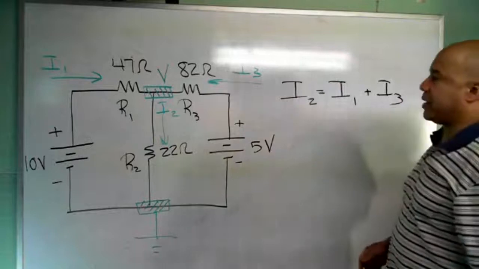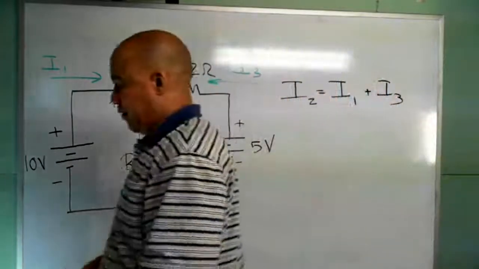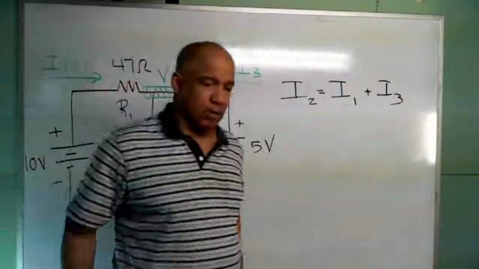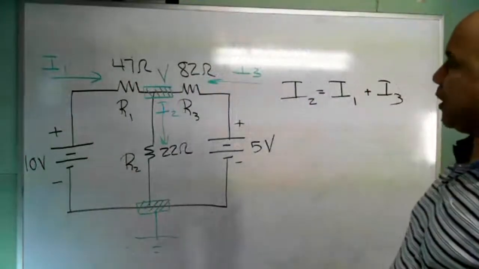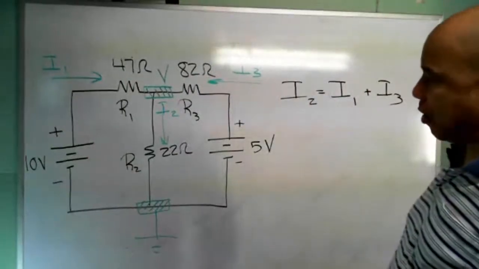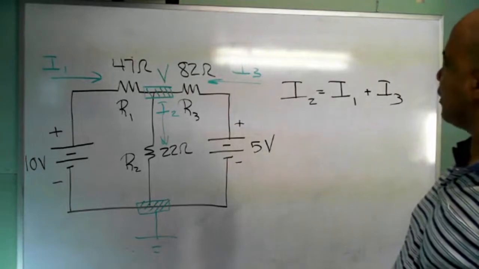That's what I got for mine. And then for the final part of this, you figure out each current, I1, I2, and I3, in terms of V and R.